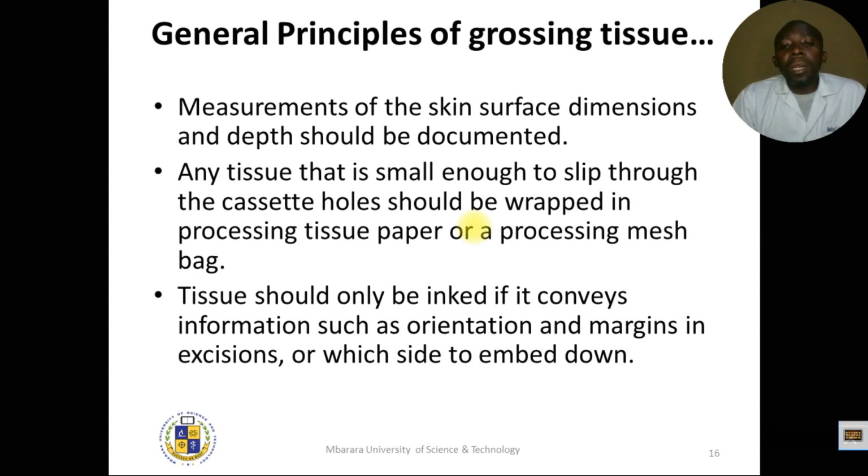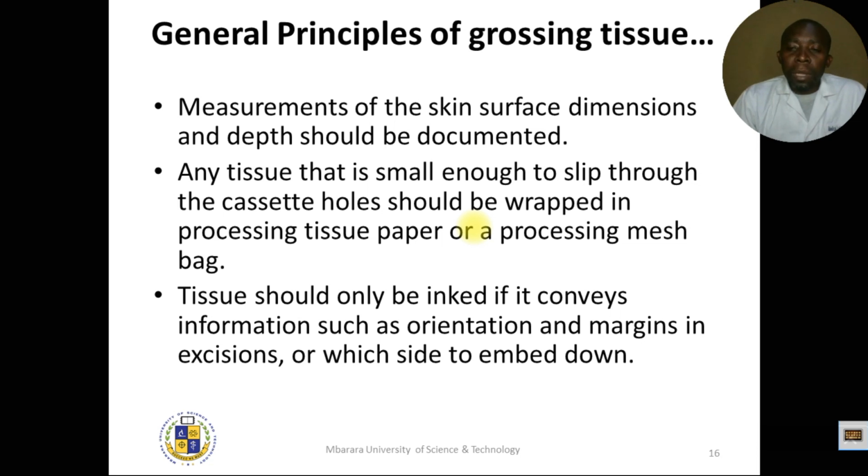So tissue should only be inked if it conveys information such as orientation and margins in excision, or which side to be embedded down. So marking them with ink is important when we want to communicate. One, you want to communicate which side should be put down during orientation, because the side we put down is the side we want to face the blade first when we are sectioning.